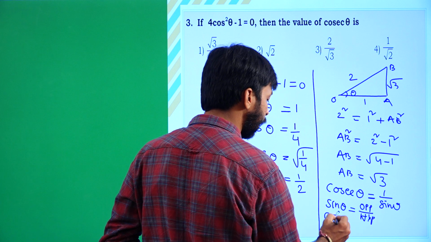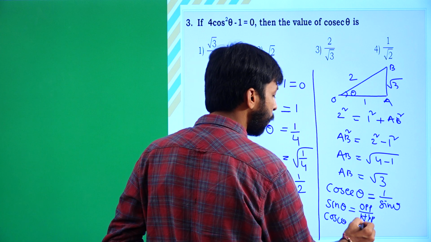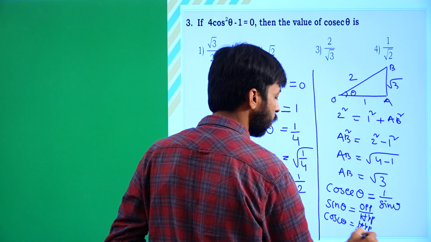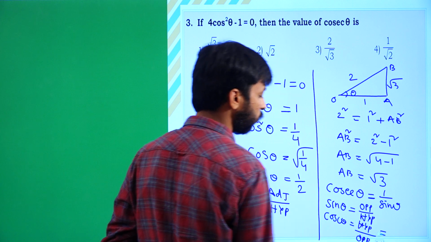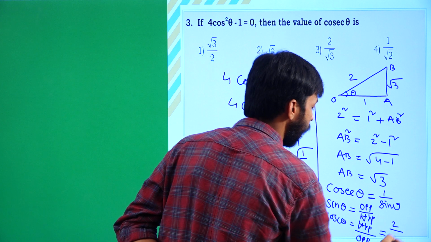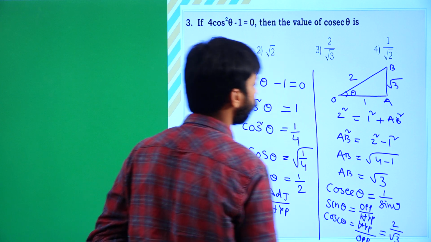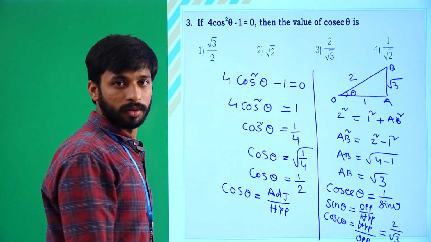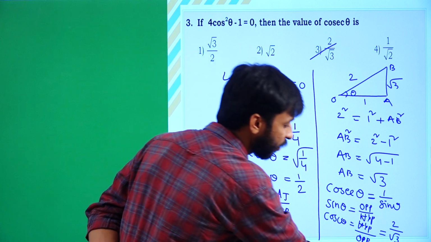So cosecant theta is equal to hypotenuse by opposite, that is equal to, here hypotenuse 2 by opposite root 3, 2 by root 3. The answer is the third option. Okay, next question.